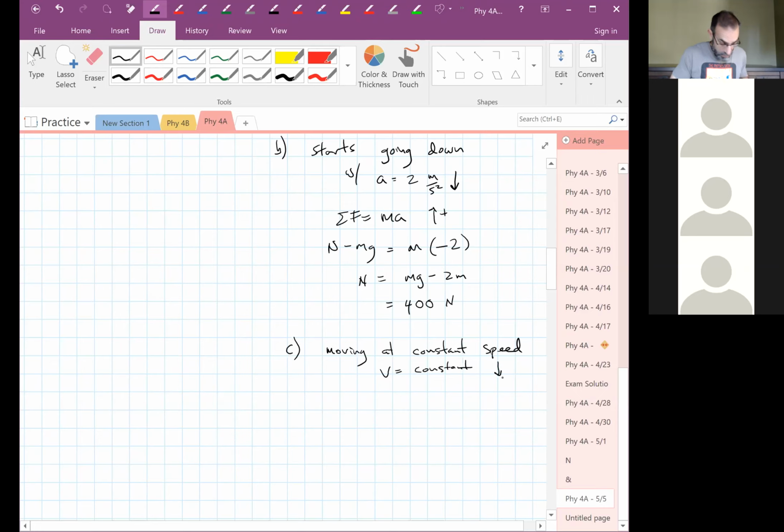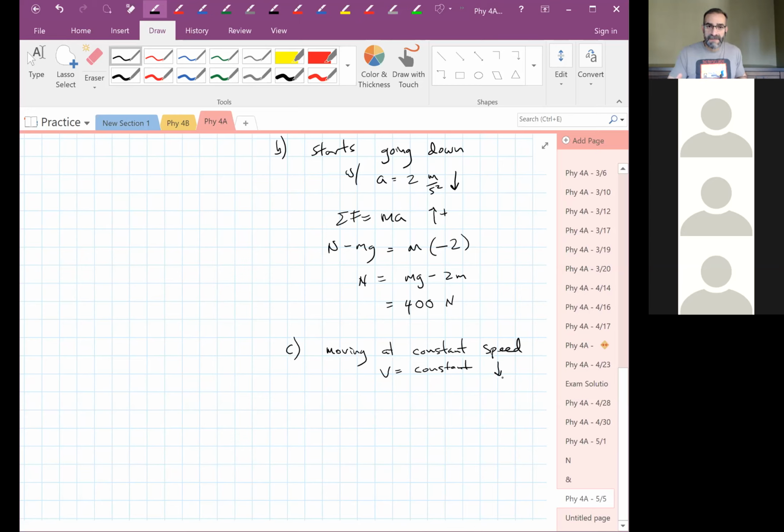And it's going down. Okay, what's the scale read now? What's the apparent weight of our person in the elevator? Okay, back to normal, because we don't care about the velocity.